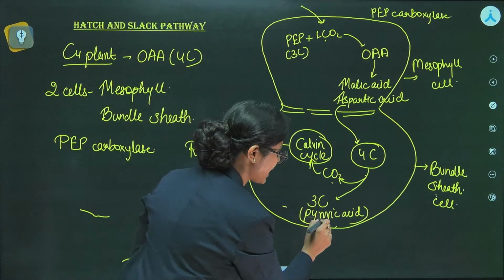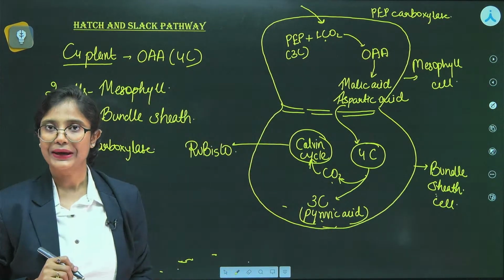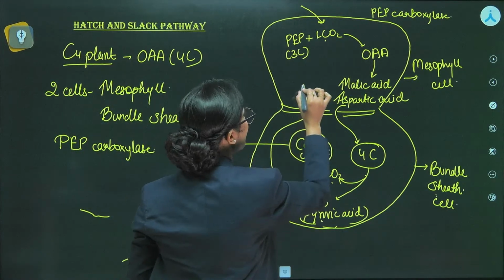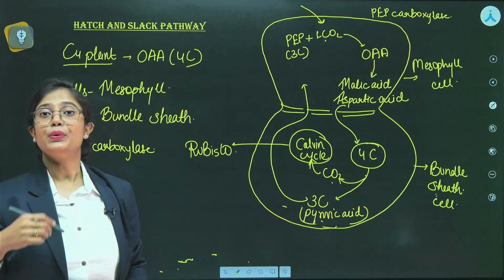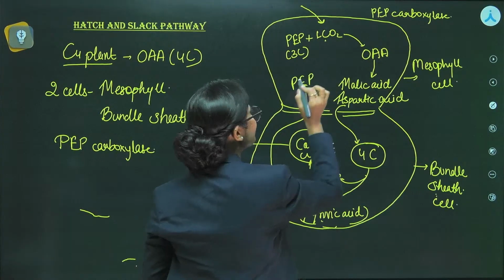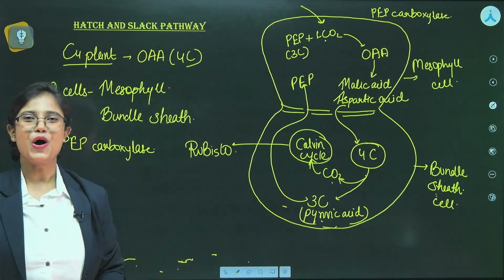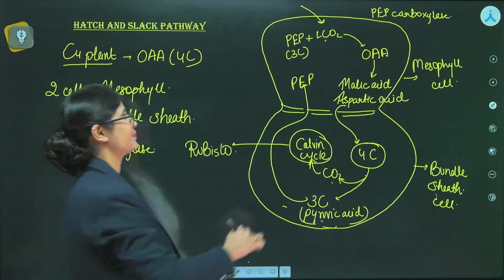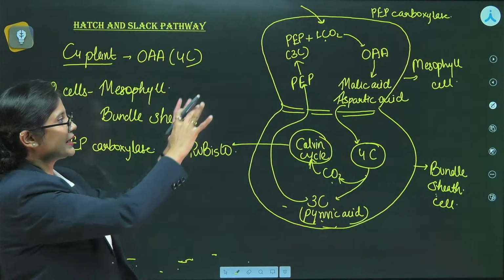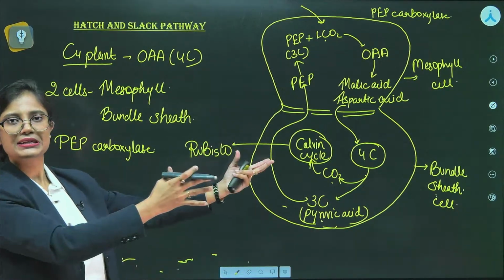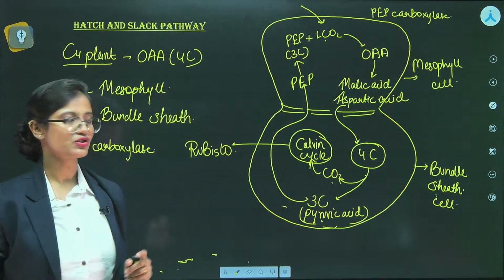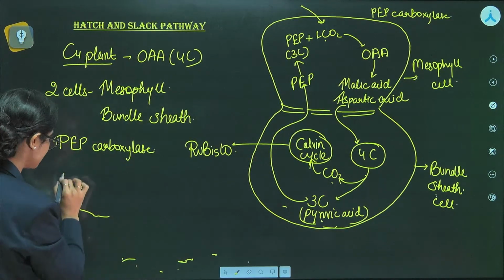Now this 3 carbon compound, which is pyruvic acid, will again go into the mesophyll cell and regenerate the phosphoenol pyruvate, which is the primary CO2 acceptor of the C4 pathway. So this is the complete cycle. If we talk about steps, there were 3 steps there, and here also there are 3 steps. First is carboxylation, fixation of carbon dioxide.